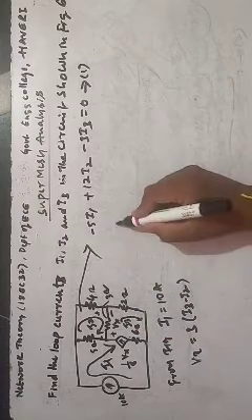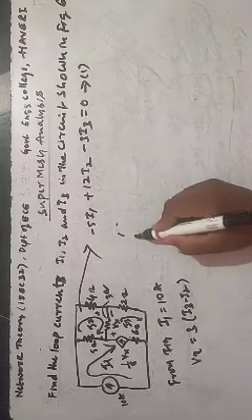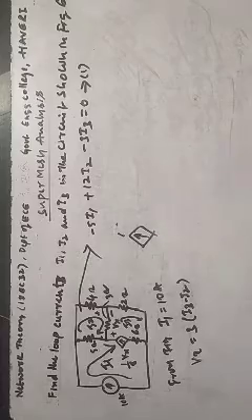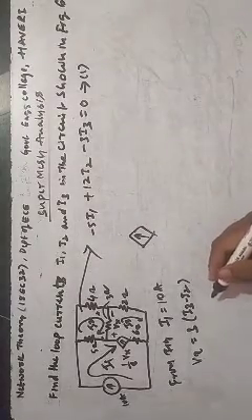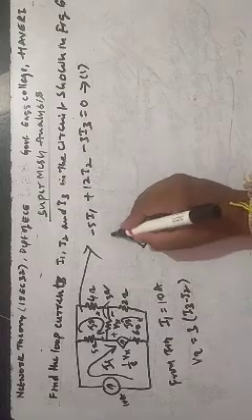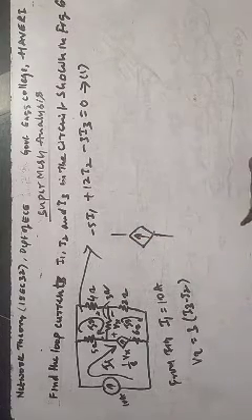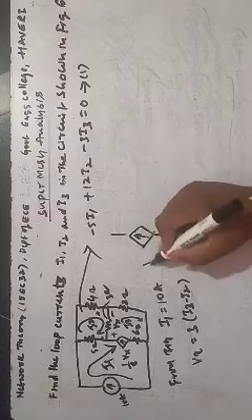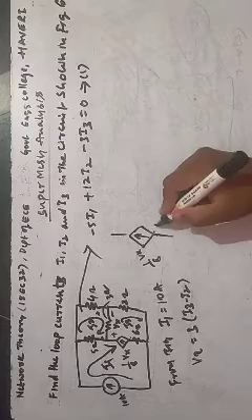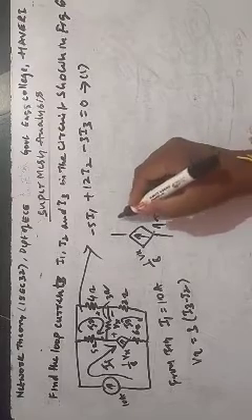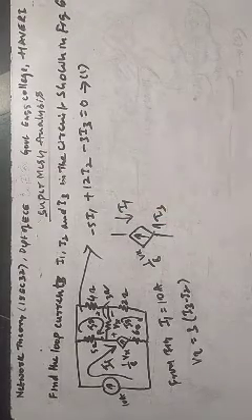From this branch, this is 1 by 8 Vx, the current source. This is the direction of I3, whereas this is the direction of I1.